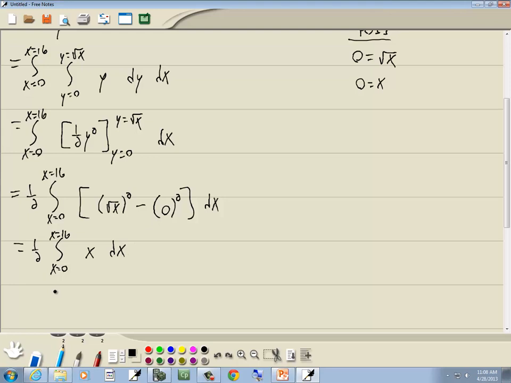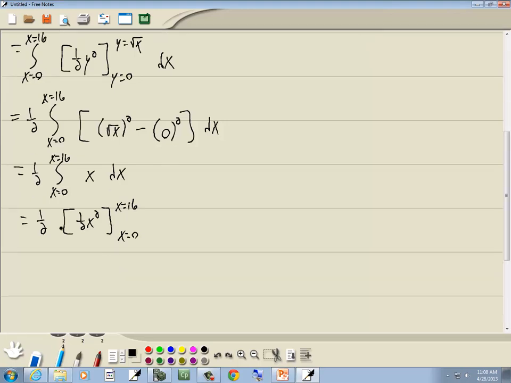Well, the square root in the second power cancels, so that leaves us x, and of course 0 goes away, so that's x dx. So then this becomes, the integral of x is 1/2 x squared from x equals 0 to x equals 16. The 1/2 again we can put out in front. So we've got 1/2 times 1/2, and we'll plug in our numbers now. So I'll put 16 in for x. So I got 16 squared minus, and put 0 in for x, so 0 squared.